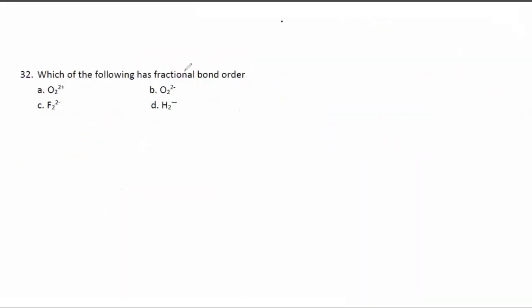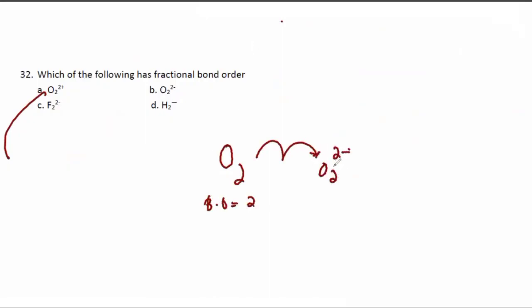The question: which of the following has fractional bond order? We know that O2 has a bond order of 2. If it becomes O2 2+, its bond order becomes 3.